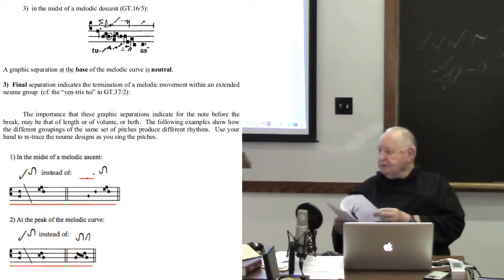Kind of like the famous one for organists: when in doubt, play legato. That's what they used to tell us. You know what happens to Bach when you play it legato? Mush. Okay? Well, the same thing in chant. Unless we make the proper breaks in sound at the right places, then we don't know what we're saying either. I remember being taught to play Bach legato because they weren't quite sure where all the articulations should be.